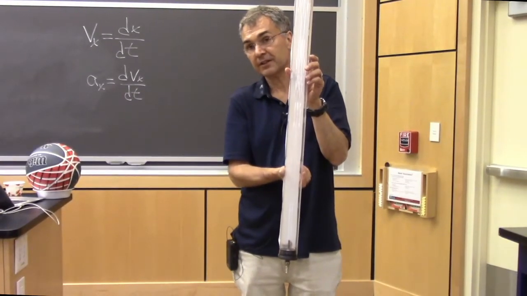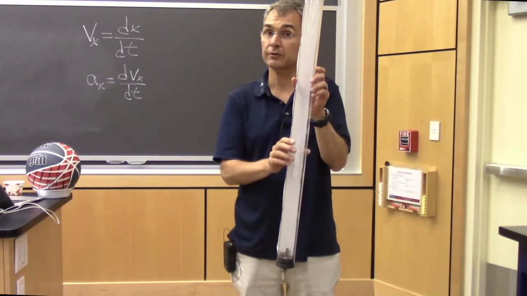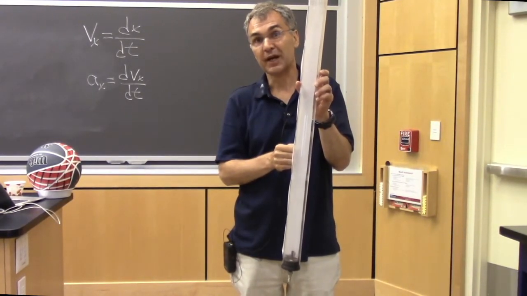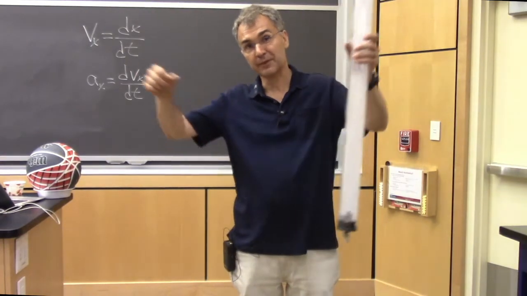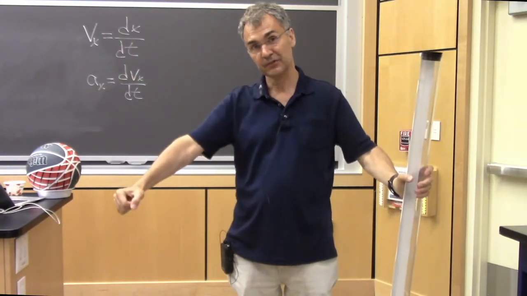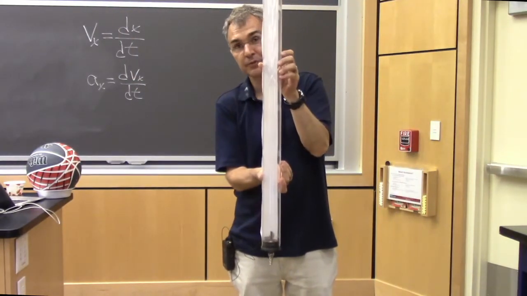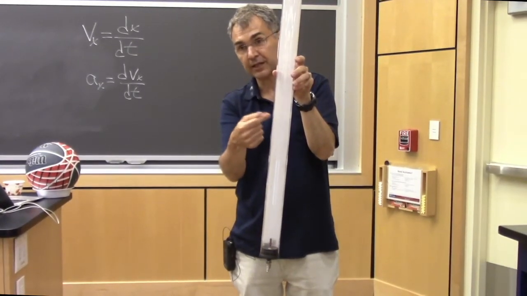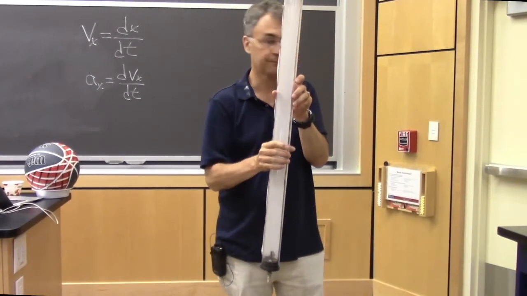Now there's a famous video, which we may paste in, of an astronaut dropping a feather and a hammer on the moon and seeing them descend together. We can't go to the moon for this video, but we actually can remove all of the air from this tube. Let's do that.